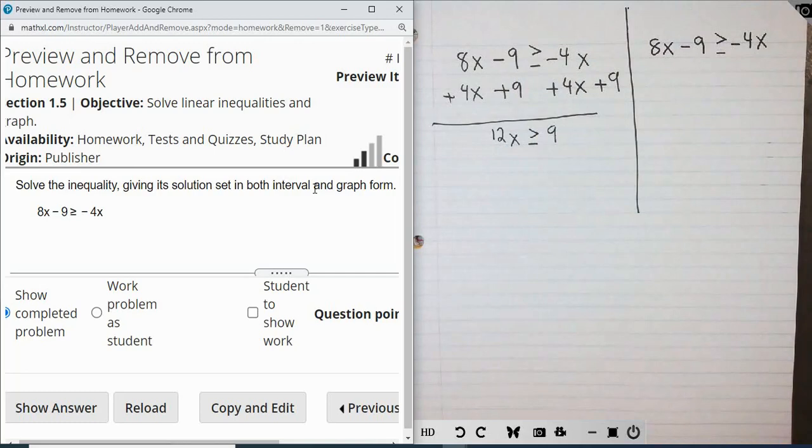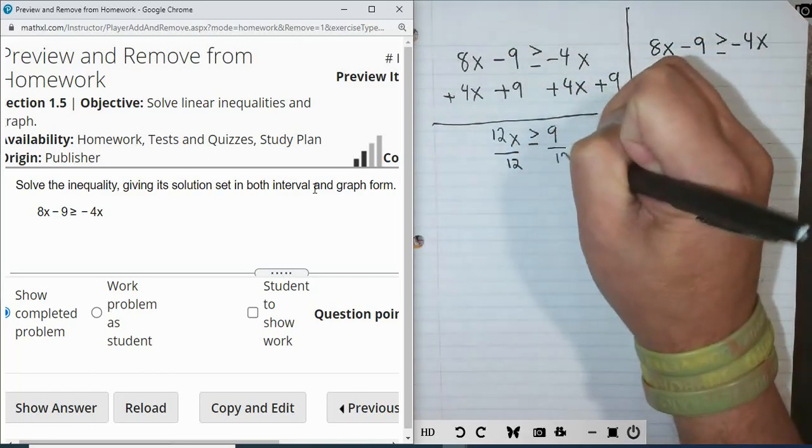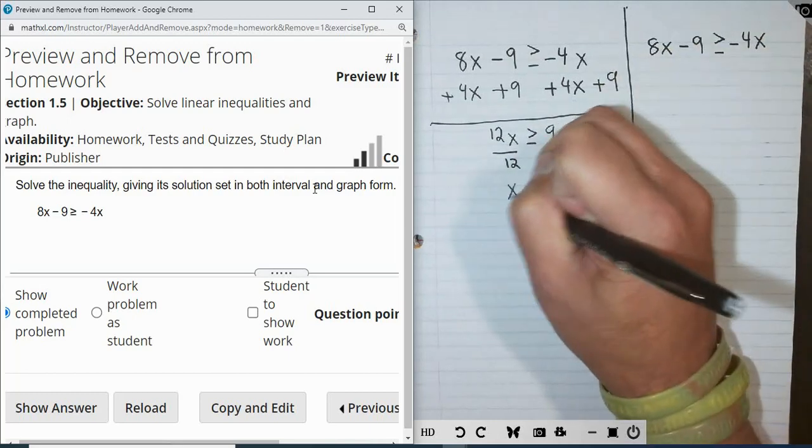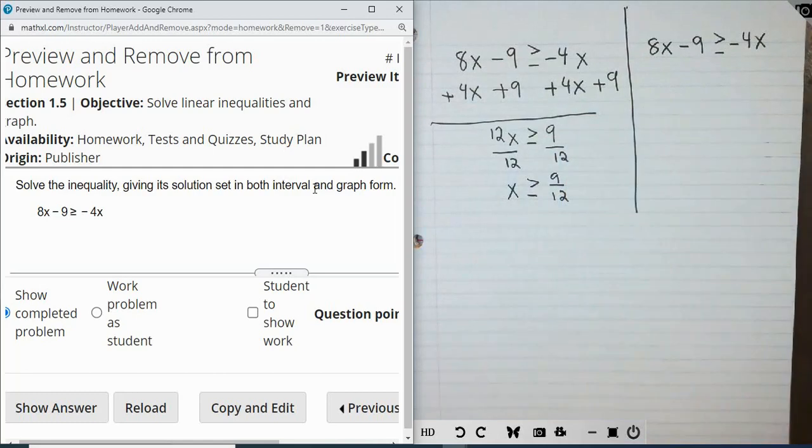So now it's really already in the way that I want it to look, with the variable on the left with the inequality there. Then I would divide both sides by 12 here. So I would get x greater than or equal to 9 twelfths. All right, I'm going to throw in a little bit of review. We're going to basically use the fundamental property for rational numbers here.